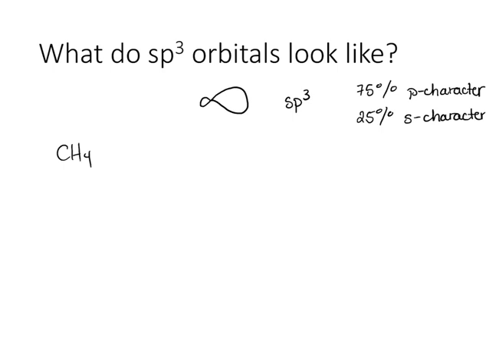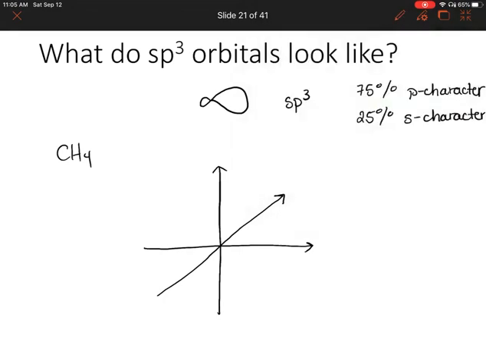So we also saw that for methane, if we put those 4 sp3 hybrid orbitals that were created into the same space, we get something that looks like this, and then there's kind of one back here as well.